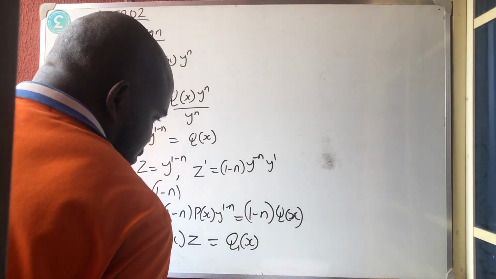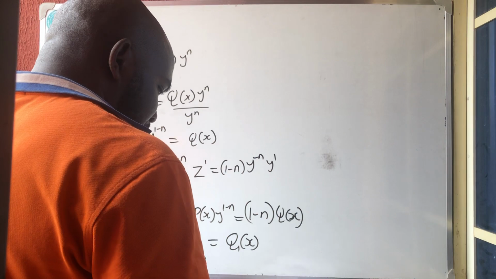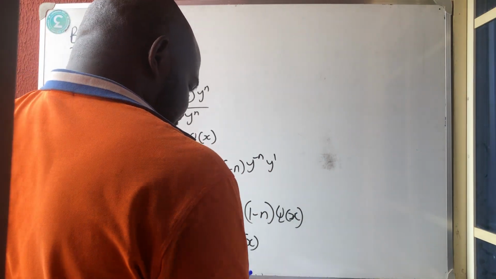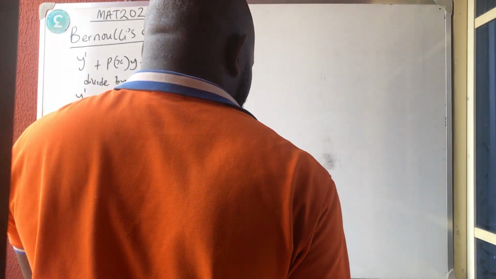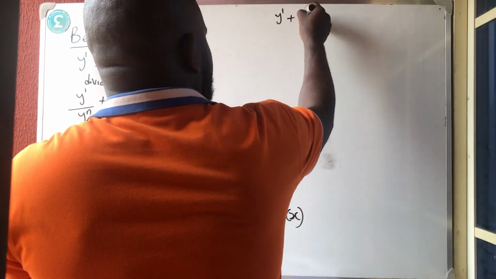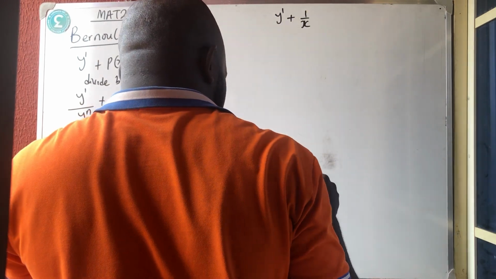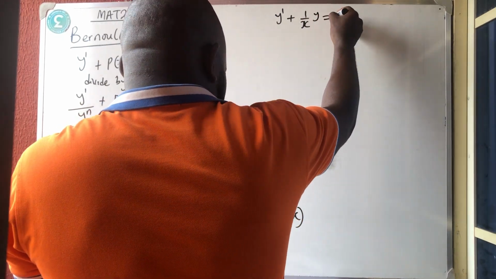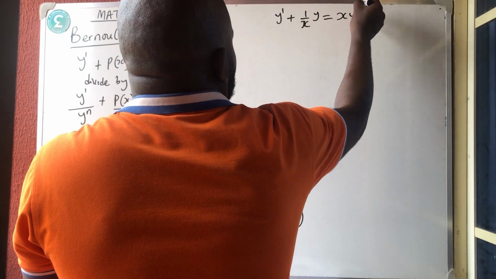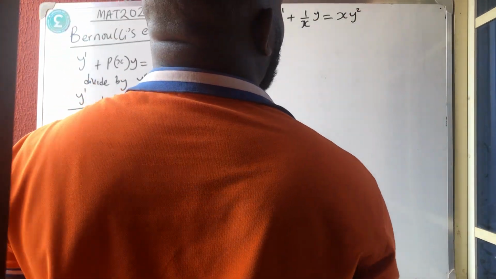So let us use examples so that we understand perfectly well. The first example we are going to solve says y prime plus 1 over x y is equal to x y squared. You see, the problem I'm having is now the y squared. So let's divide everybody by y squared.